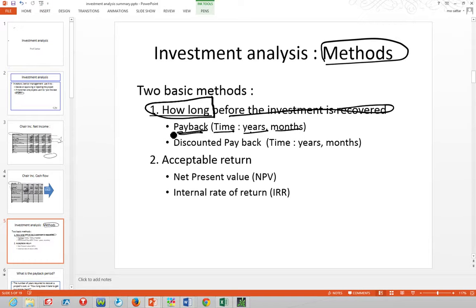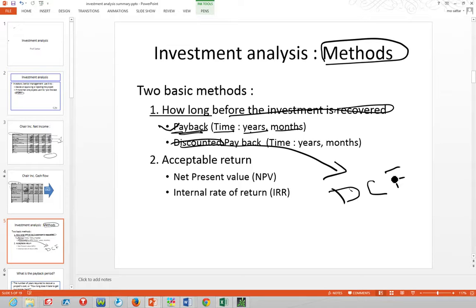The second type is very similar to payback, but it's called discounted payback. This is where the concept of discounted cash flow that you have read in the book is going to come into play. So I will talk about how you do discounted cash flow. And once we understand discounted cash flow, that will make it very easy for us to talk about the net present value and also the IRR.